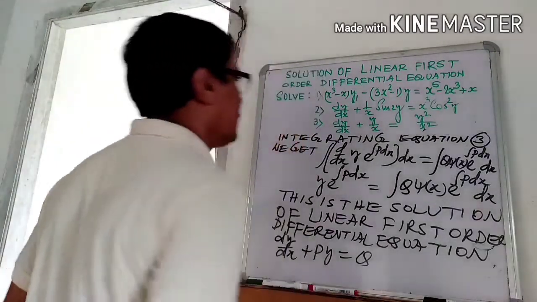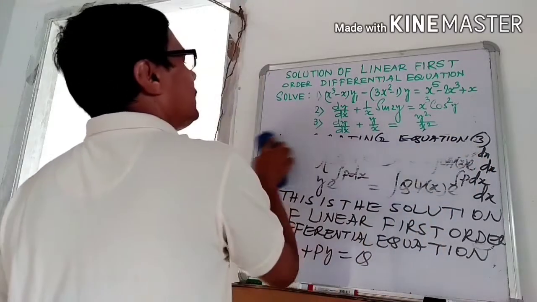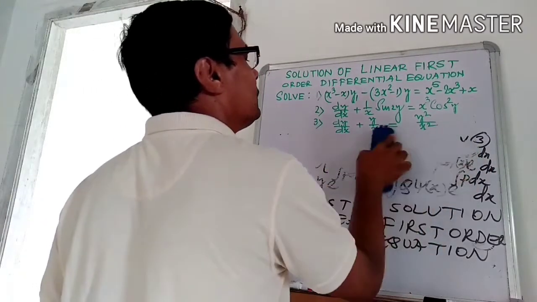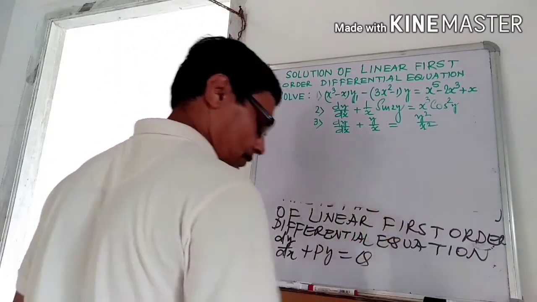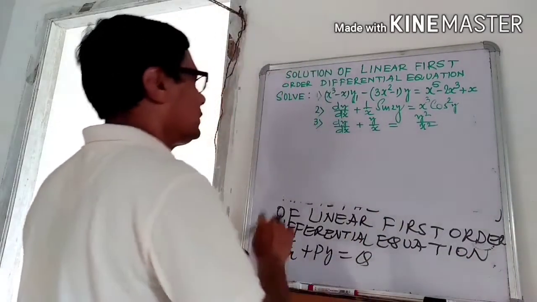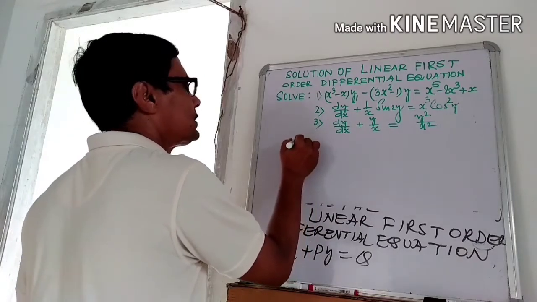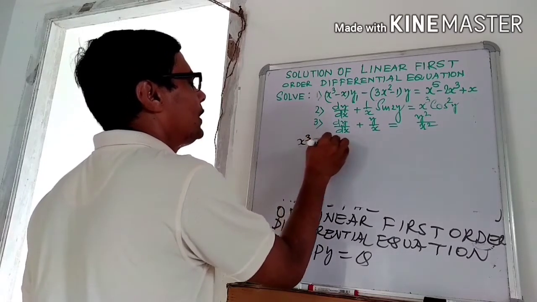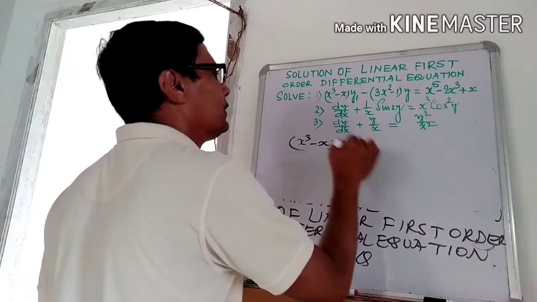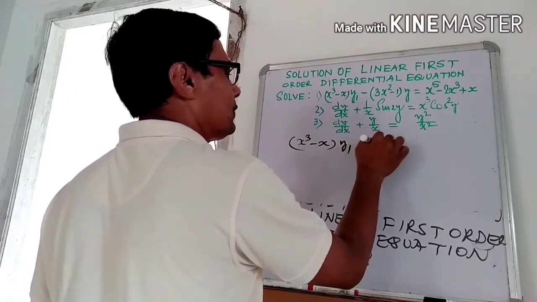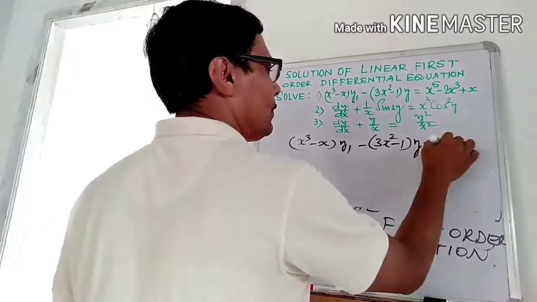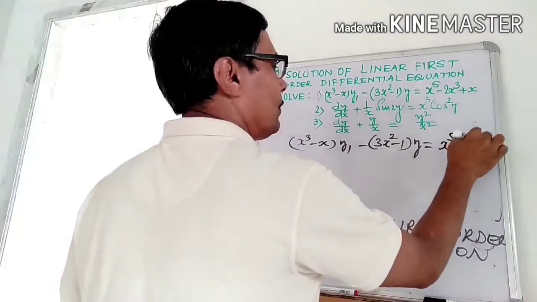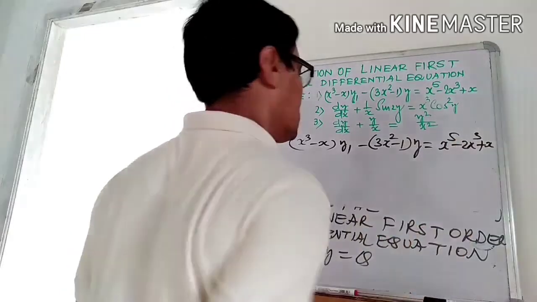So we can solve the first equation, which is x cubed minus x y1 minus this.